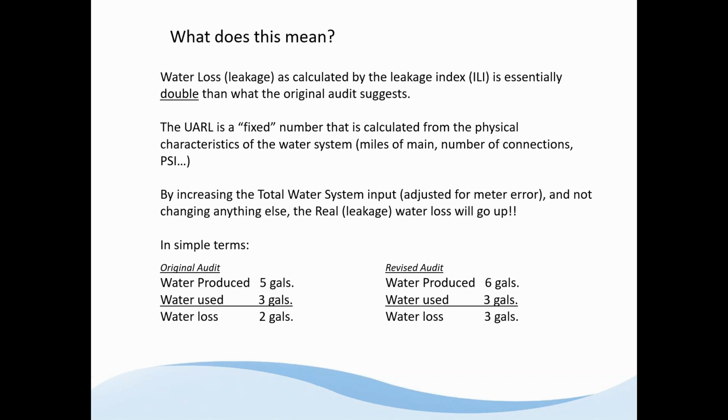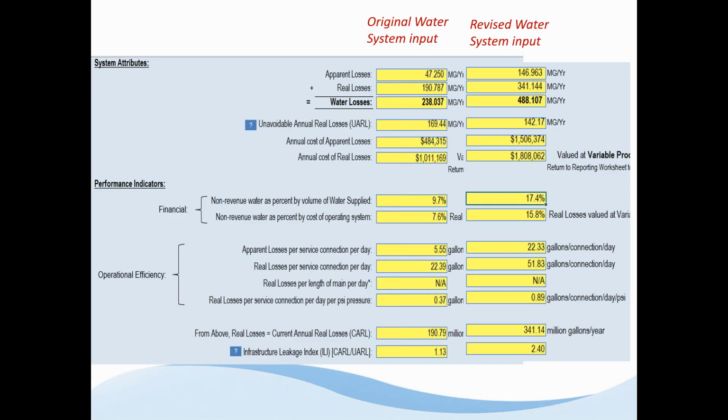As we go farther in this webinar and get to the next speakers, they're going to talk about the different things you can do in your system to mitigate the losses that the audit finds. So we've revised our input, which changed our annual water loss.